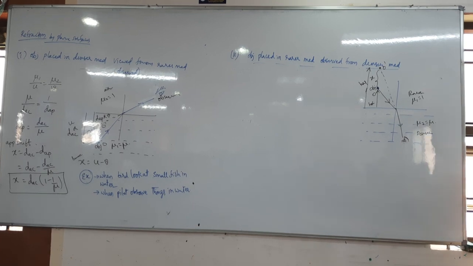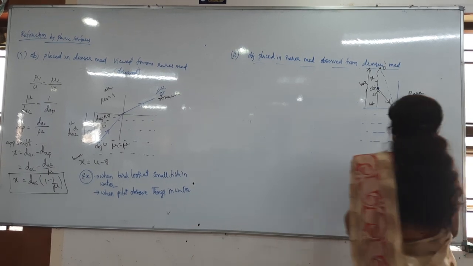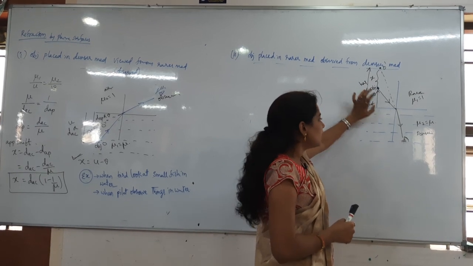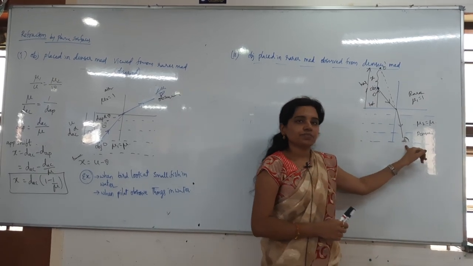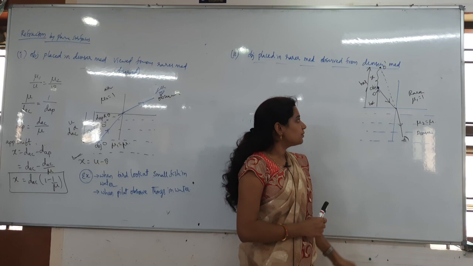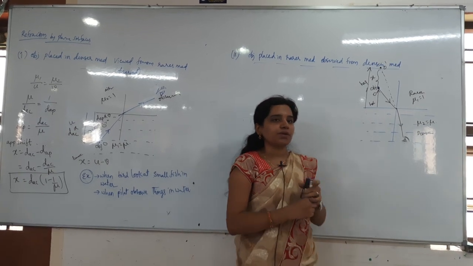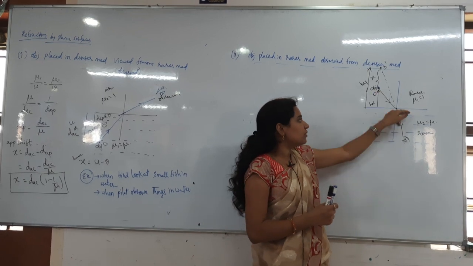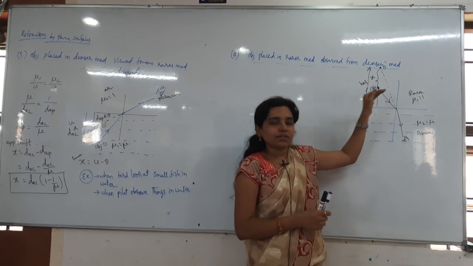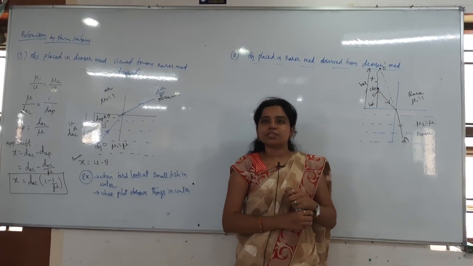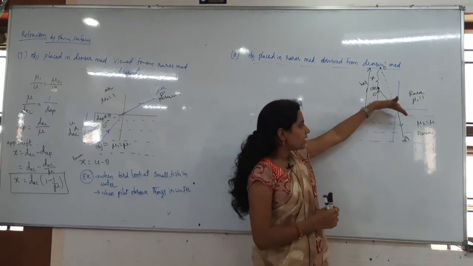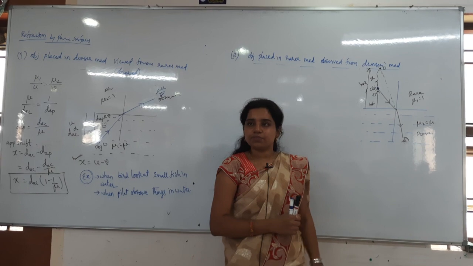Look at the diagram. Here I place the object in the rarer medium, in the air, and now I am observing from the denser medium. Whenever I observe from the denser medium, what rays come from the object? Incident rays come and fall on the boundary. Whenever they come from the rarer medium to the denser medium, they bend towards the normal.